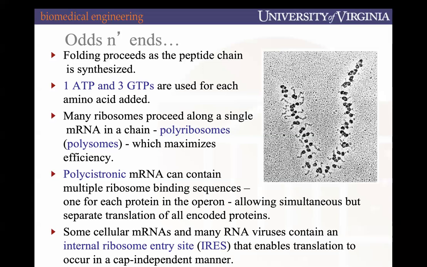Those sites are called internal ribosome entry sites. Again, those are sites where the ribosomes are not binding near the cap or the 5' UTR, but binding further down along the transcript, particularly where there might be different genes encoded later down the transcript that can be translated independently from the cap.